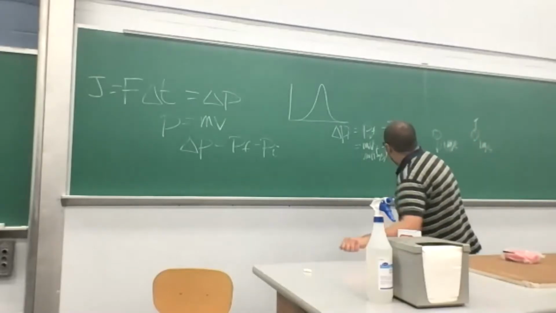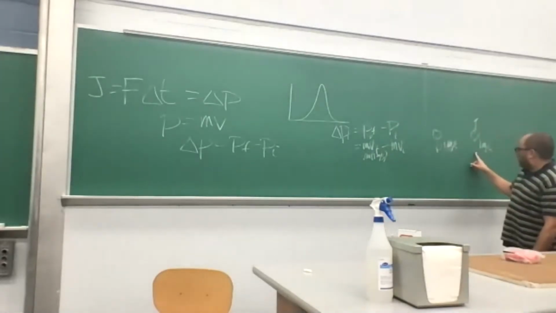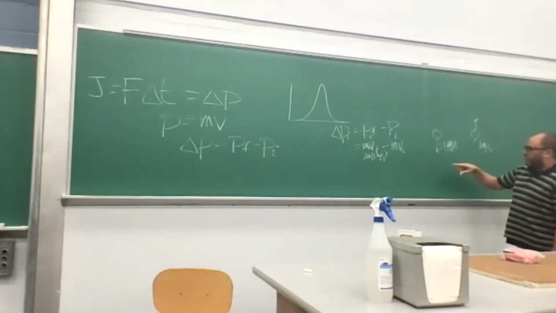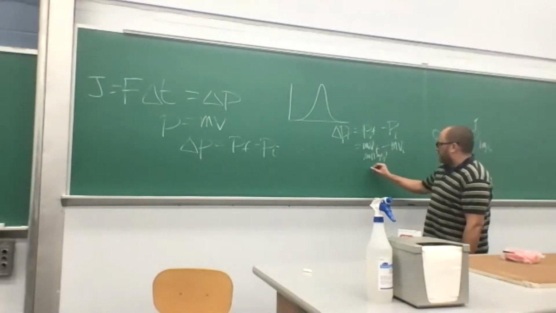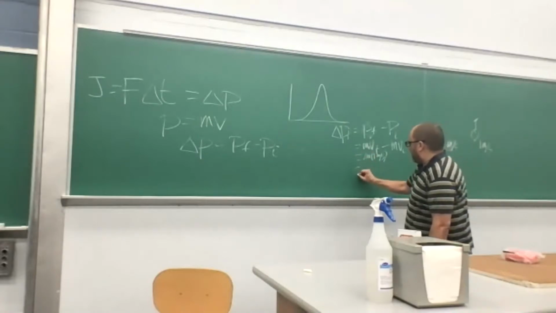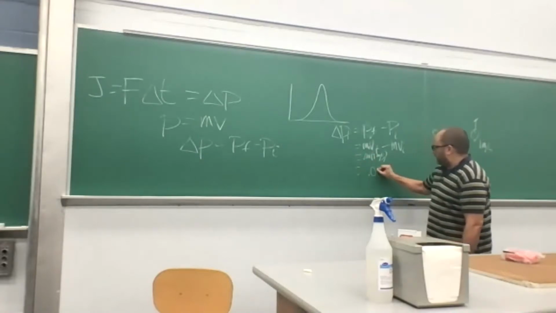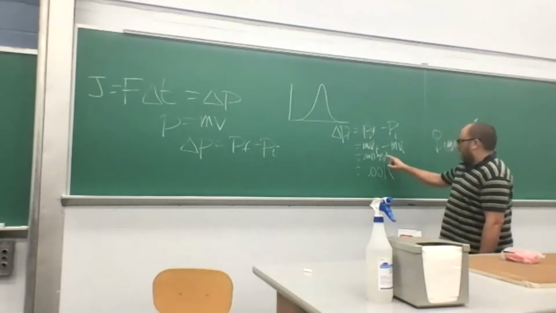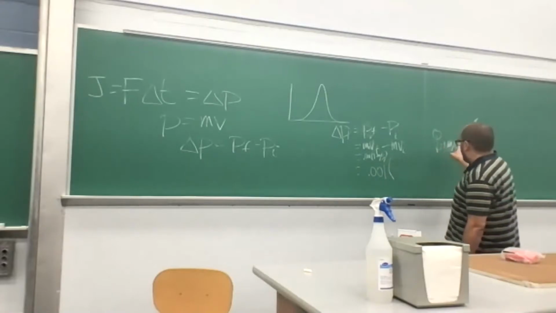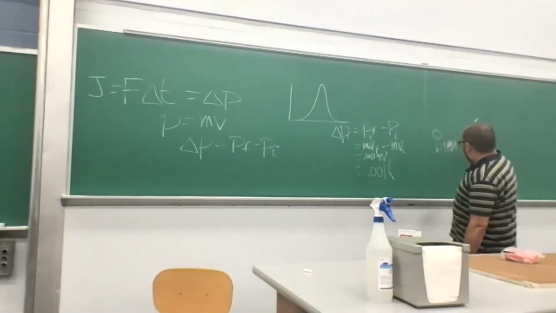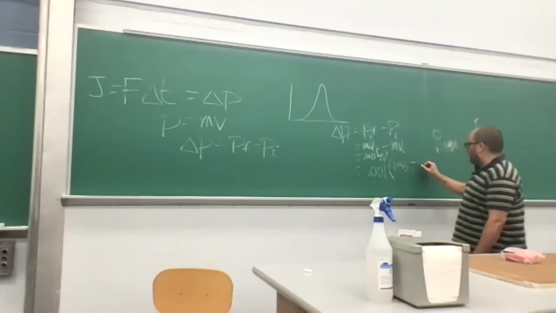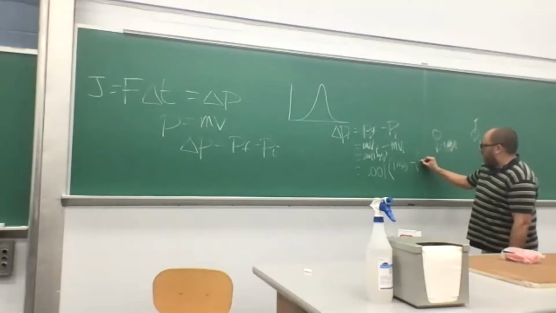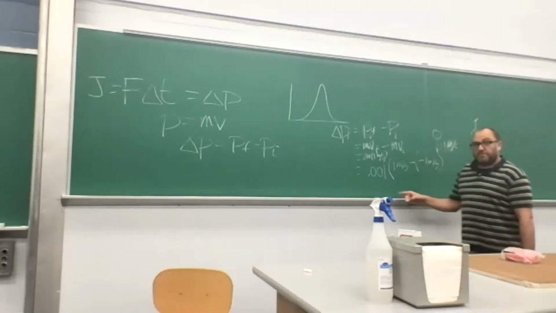So for this one, then my total change in momentum will be 0.001 times this. So I'll have 0.001 times my final velocity, which will be 1 meter per second, minus my initial velocity, which is minus 1 meter per second. Okay.